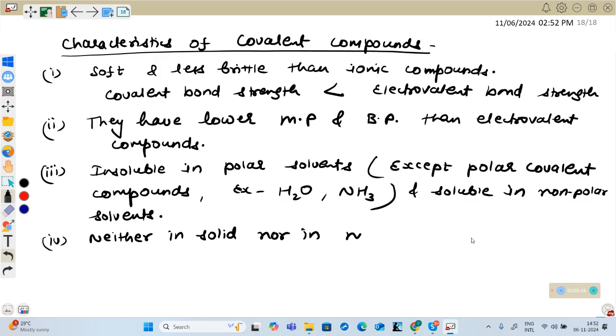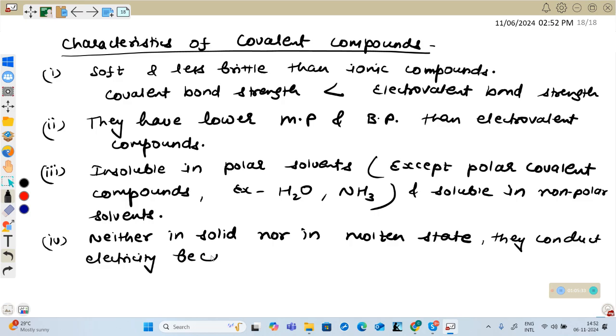That means they do not conduct electricity at all, because they do not furnish ions.